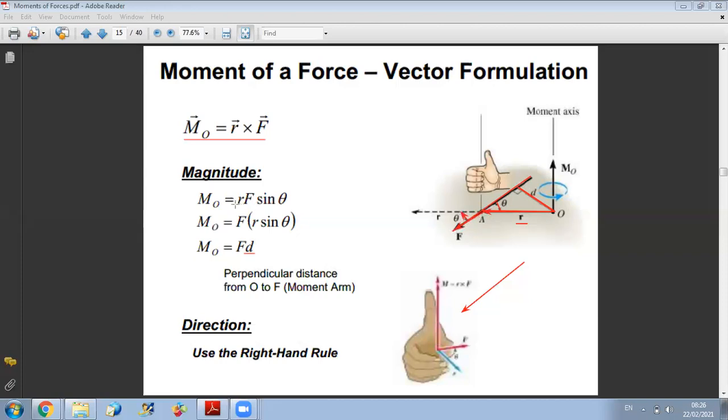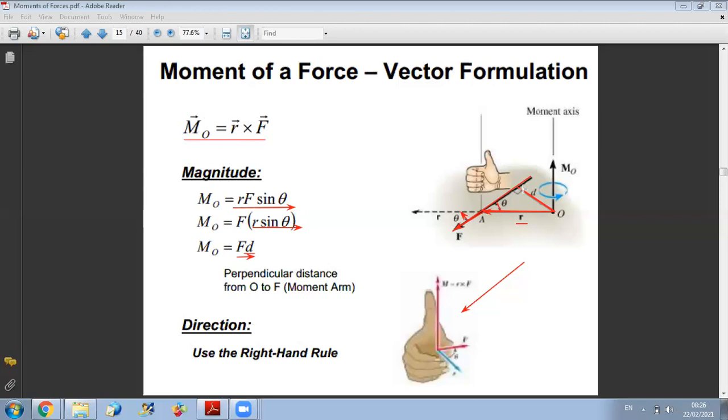Okay, so I get R F sine theta. If I take R with sine theta, what do I get? I get d. So this is the definition of the magnitude of the moment, F times the projected distance. This is why R vectorial F will give me first the same magnitude as the moment.